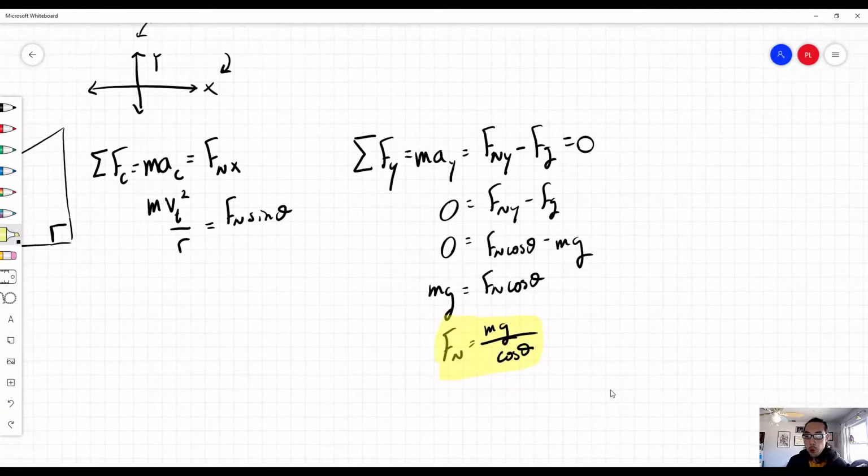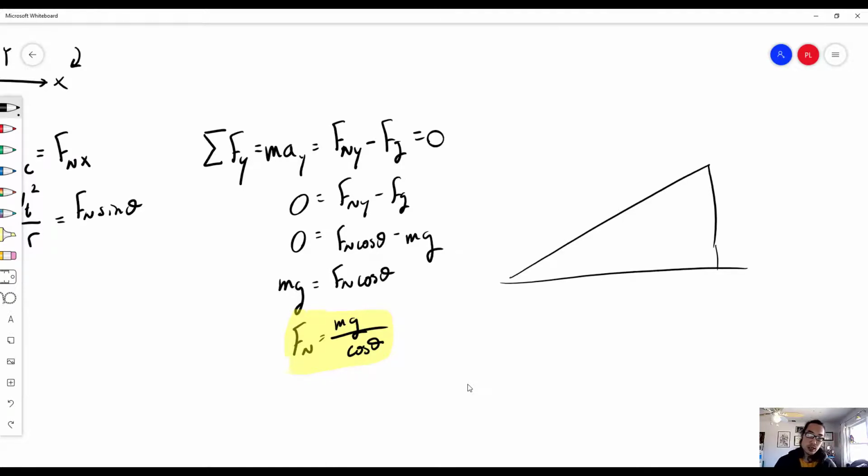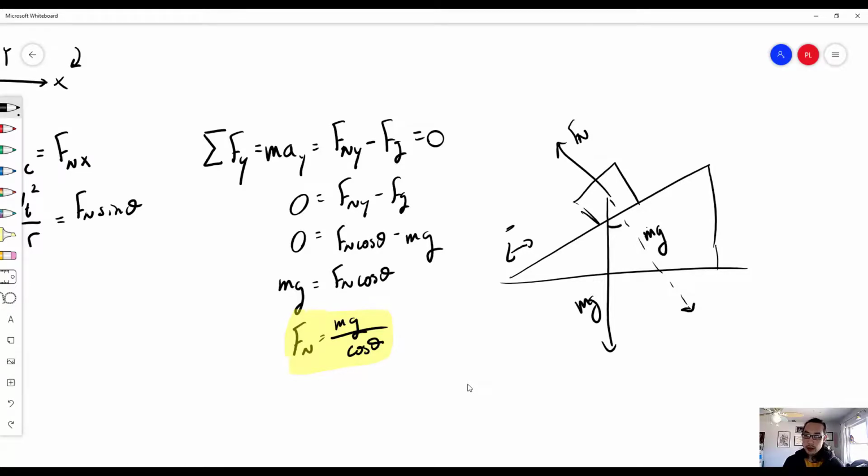Now, I want to make a quick side detour to show you the difference between a regular inclined plane problem versus this banked curve problem. So here, we have mg and we have fn. This is a regular inclined plane problem where the object is sliding up and down the ramp. This is our theta.